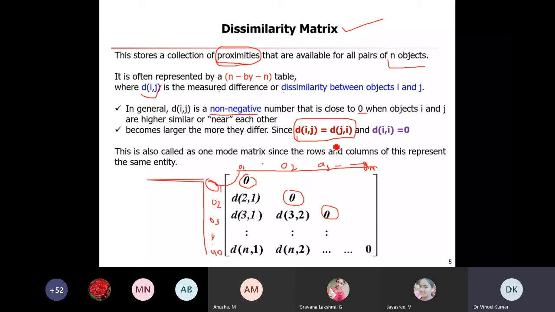If I say the distance between Angalu and Madnapalli, it will be the same. So whether you measure from location A to B or B to A, the distance will be the same. That is the meaning of dij equals dji. You can calculate the measurement from any direction. From the same object to the same object, the distance will be 0. Already I discussed these things. So this is the dissimilarity matrix.